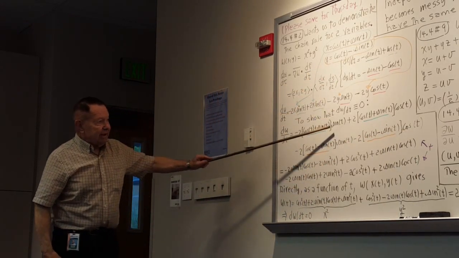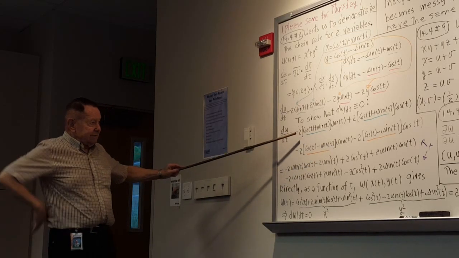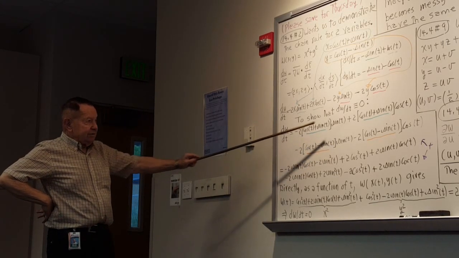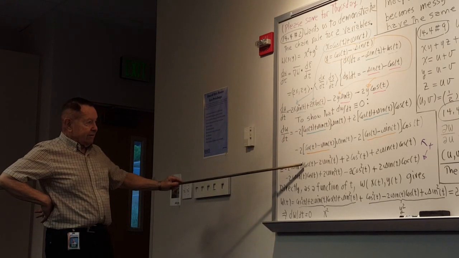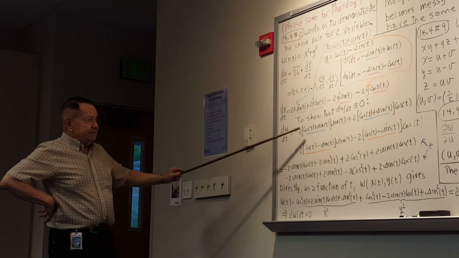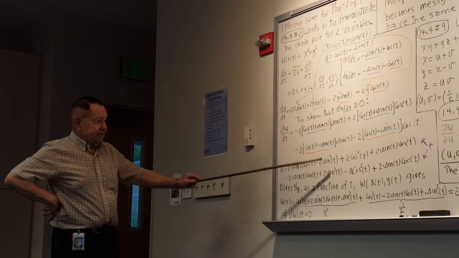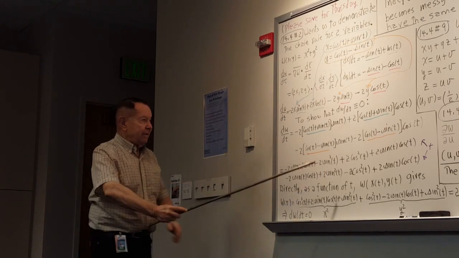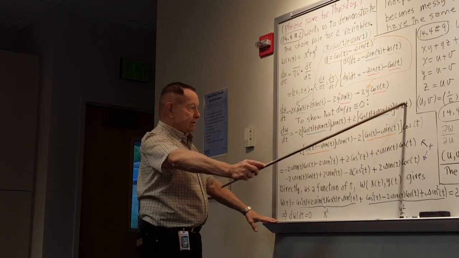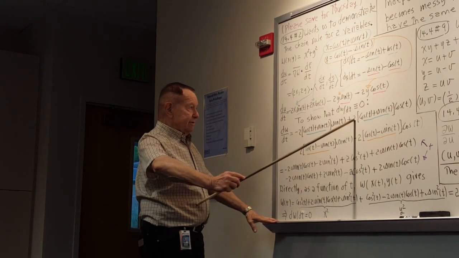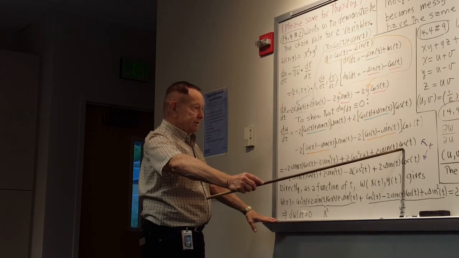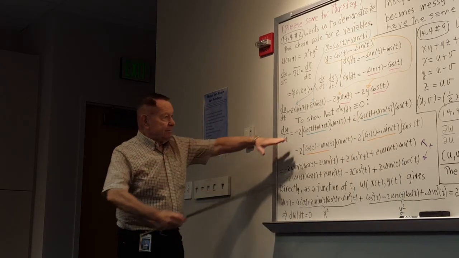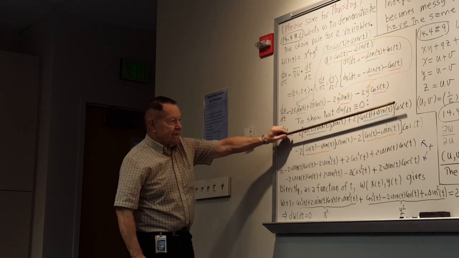So if you multiply all that out, you have minus 2 sine cosine minus 2 sine squared, 2 cosine squared, 2 sine cosine. Okay, so that's this line.